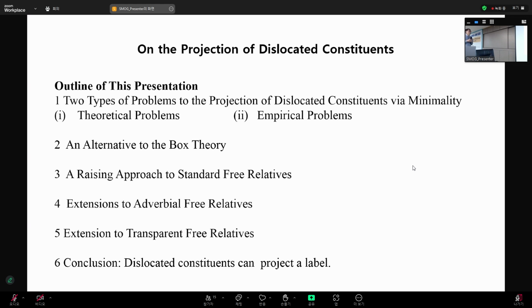The main theoretical problem is that it conflicts with the so-called box theory, so I'm going to discuss box theory briefly. And in an attempt to resolve the empirical problems, I'm going to provide a labeling approach to standard problems. Then I'm going to extend the approach to adverbial problems, and then to transparent problems, and finally conclude that dislocated constituents can project the label.